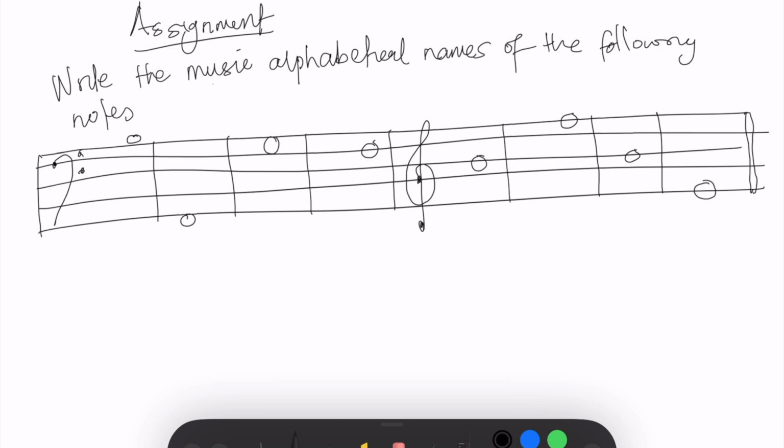So for each one of them, write out the alphabetical names of these notes. I only used semi-brief notes. In this case, write the musical alphabetical names of the following notes.